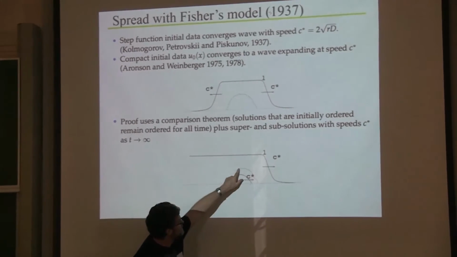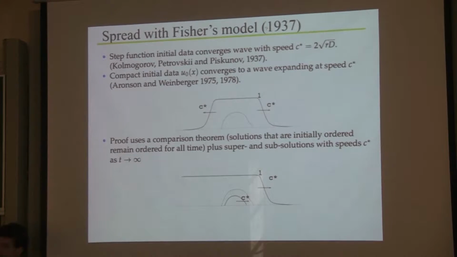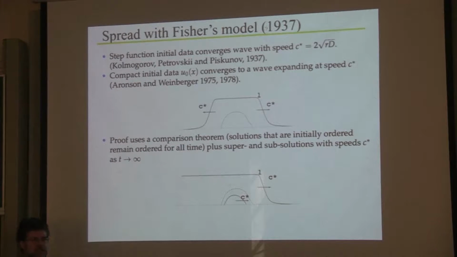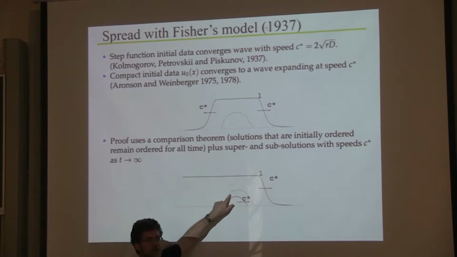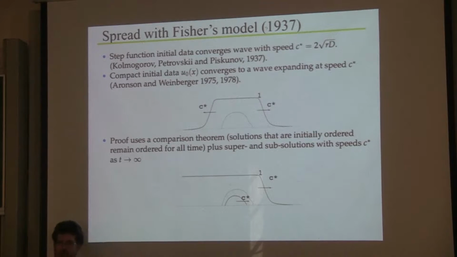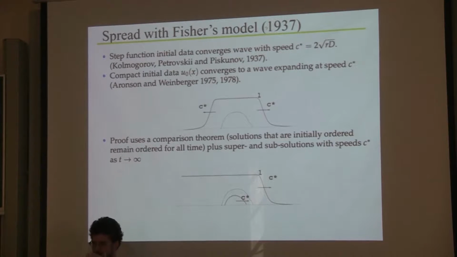And then the true solution would be sandwiched in between. And there's this thing for these kinds of equations called the comparison theorem that says that solutions can't move through each other. And so this would then have to also spread at the same speed. Okay? And so for these kinds of equations, if solutions are initially well-ordered, they stay well-ordered for all time.